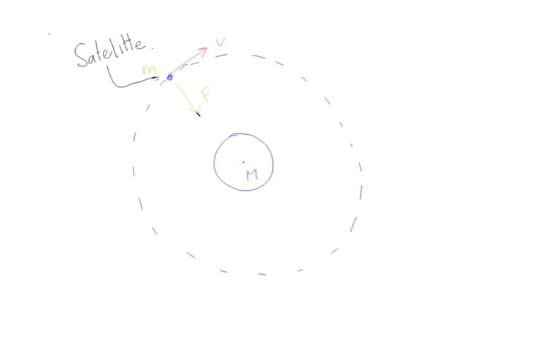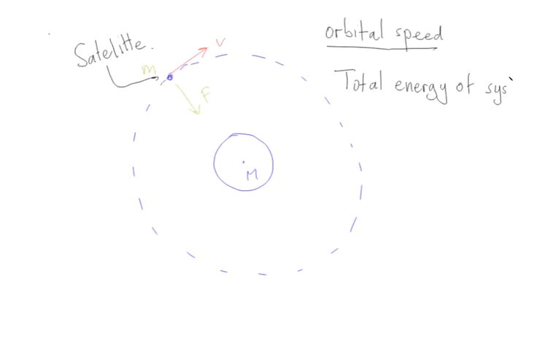Now we're going to try and work out an expression for the orbital speed of this satellite. We're going to do this by working out the total energy of the system. So we can ask ourselves the question, what energy does it have?